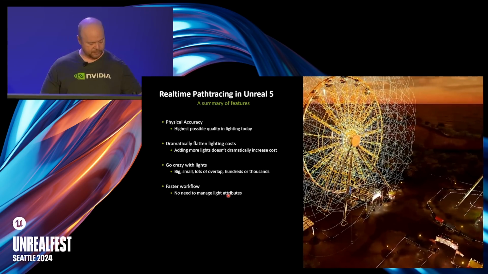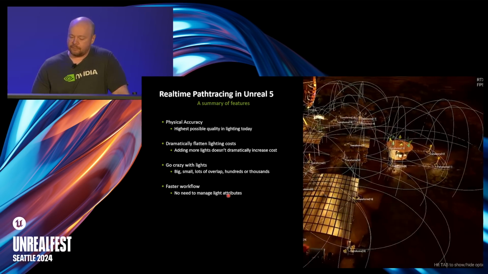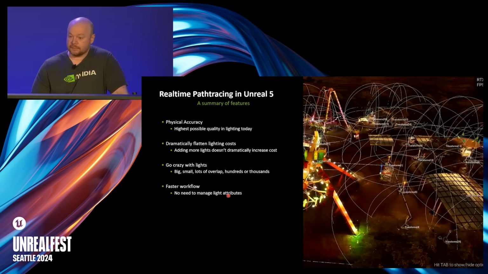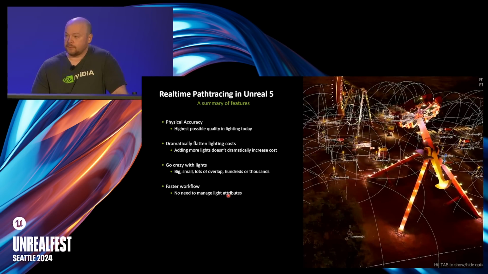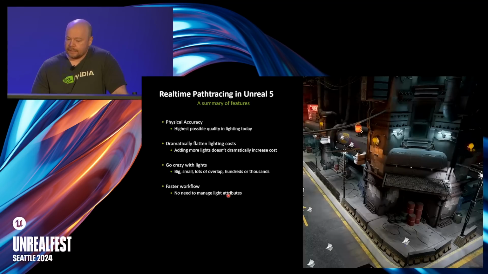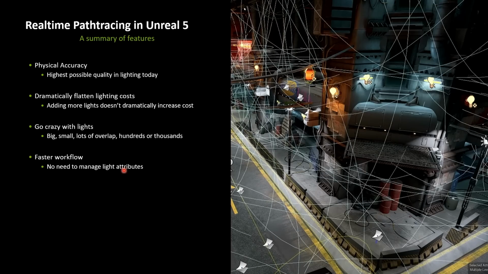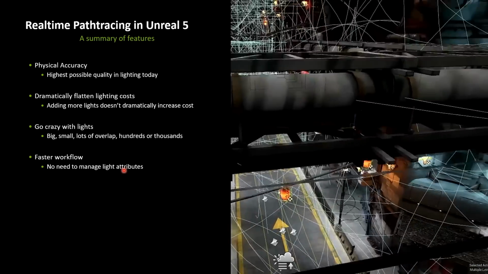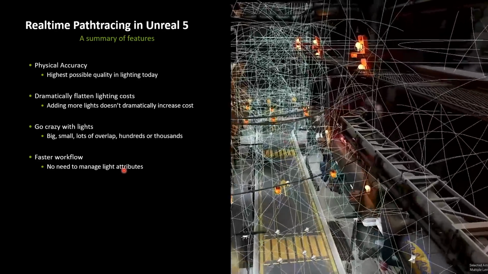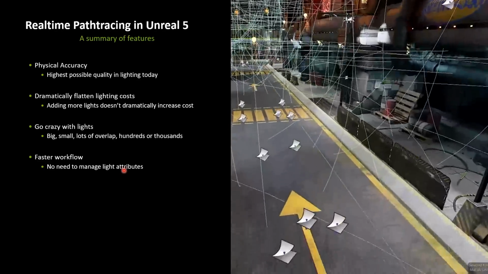All this boils down to faster workflow. If you don't have to bake your scenes anymore, if you don't have to set light attributes, cull them out, stream them out, or anything like that, you just flood your scene with as many lights as you want, and go after aesthetics rather than performance targets.